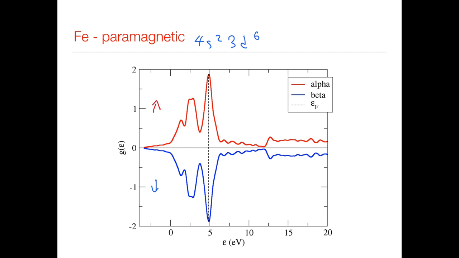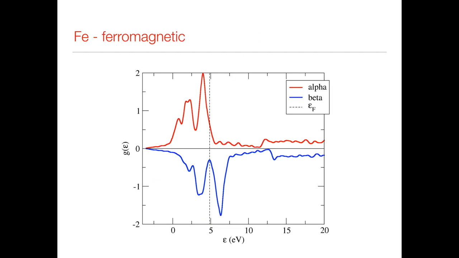So in this case, the Stoner criterion is satisfied, and this system could lower its energy if we allowed the exchange splitting to lower the red states, and so have more electrons with their magnetic moments in one direction than the other direction. This is a calculation having done that, and you can see a few things from here.